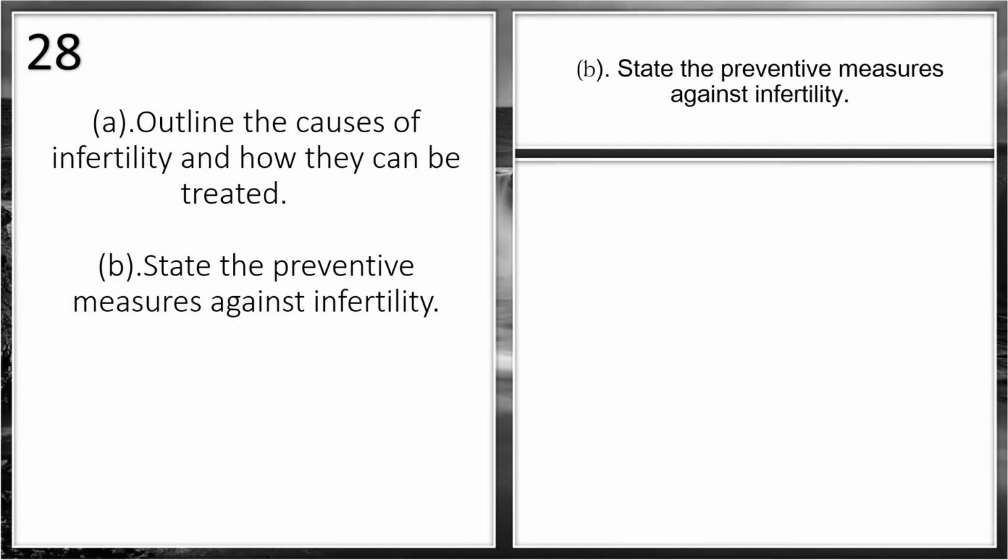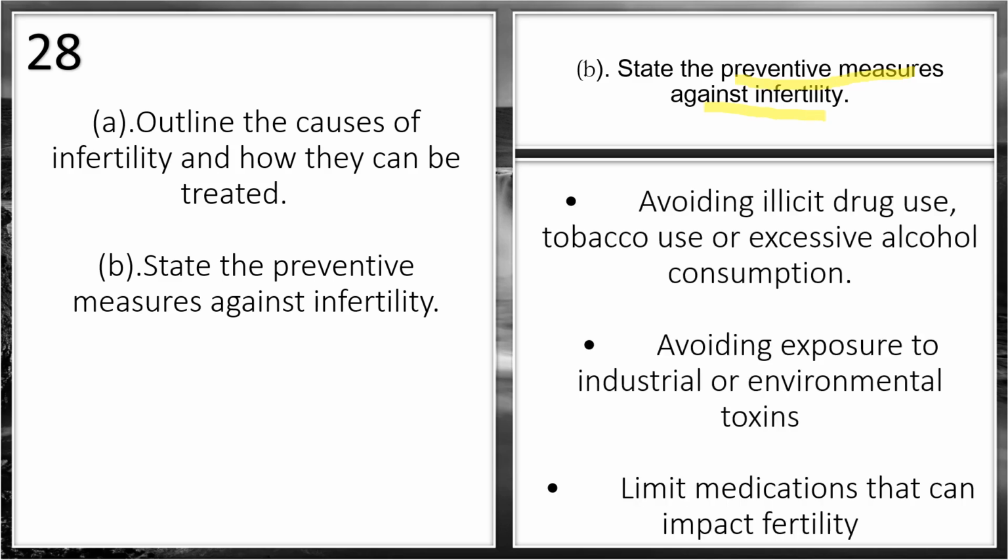State the preventive measure against infertility. Avoid illicit drugs, use of tobacco, excessive alcohol consumption, avoiding exposure to industrial and environmental toxins, limit medication that can impact fertility.